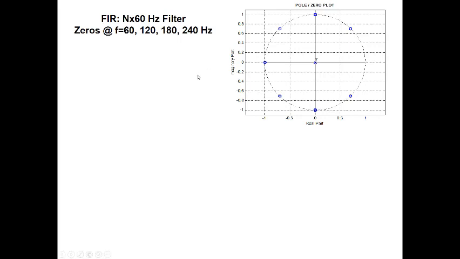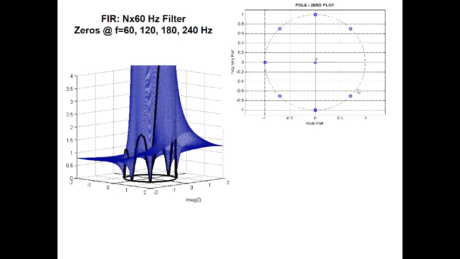It's still FIR. It is going to notch out 60 hertz, 120, 180, 240. And actually even the higher ones. When we plug it in and do our analysis, we see, yeah, we got the nice notches where we want them.